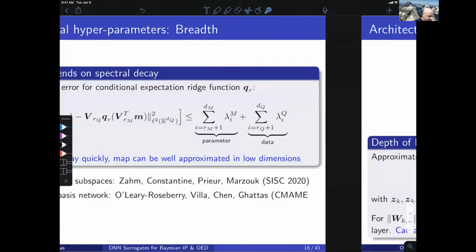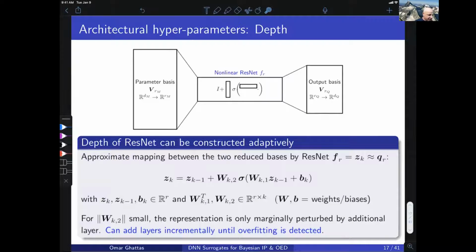All right, and then now we add, as I said, the nonlinear ResNet, which is a low rank ResNet in which this is the input from the previous layer. So there are weights and biases. The weights themselves are a short and wide matrix of weights that we solve for in the training, in the optimization problem, and the same thing on the other side.